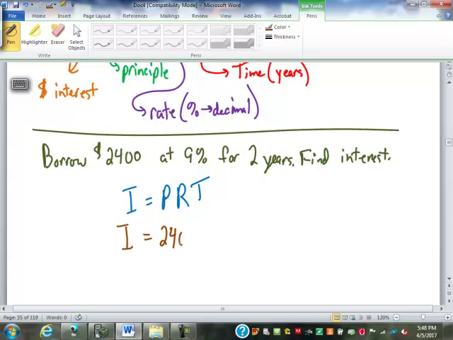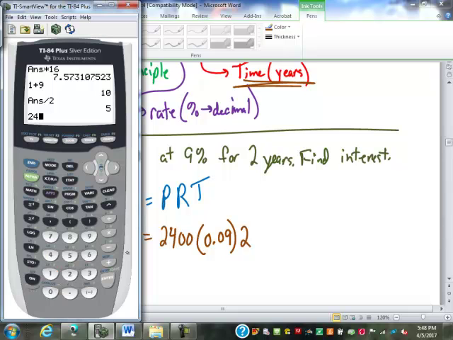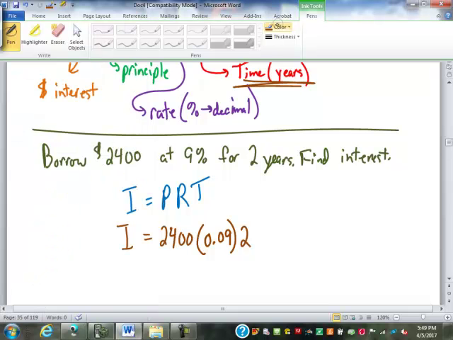Principal is $2,400. What is R? 9%, but we're going to write it as a decimal, so 0.09. And T, time, 2 years. Nope, remember time is always in years, so it's just 2 years. So we're just going to multiply that out. 2,400 times 0.09 times 2 gives us interest of $432. So that is the interest charged on that loan.